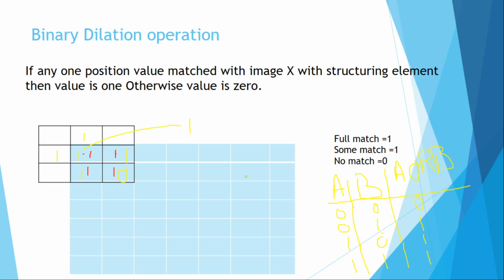If all match, it goes for 1; if some match, it also goes for 1; only if no value has matched does it go for 0. So if any position value of the structuring element matches the image, then the value is 1. Otherwise it goes for 0.